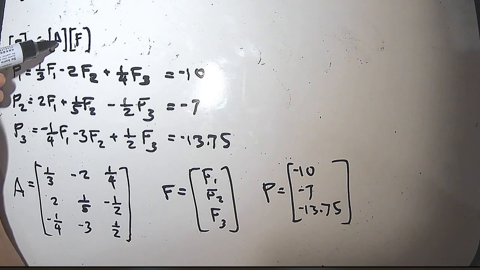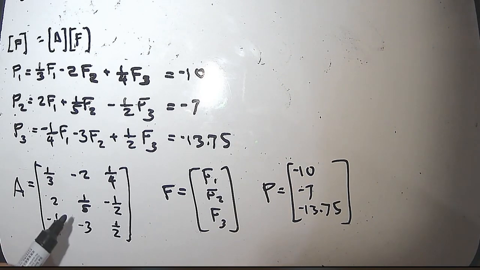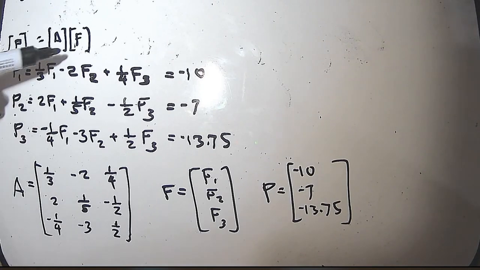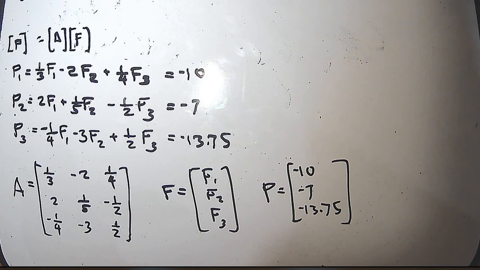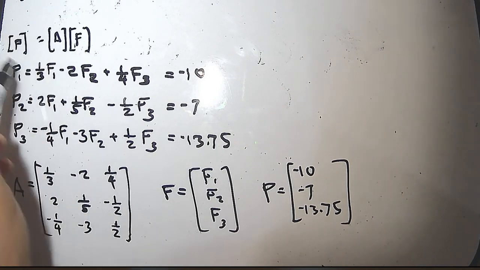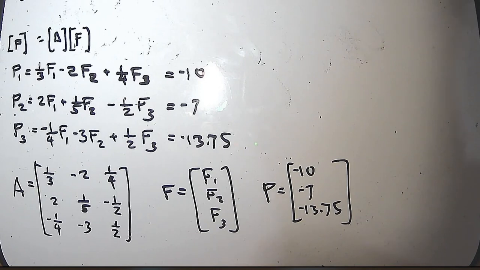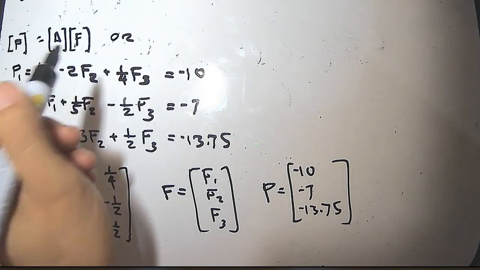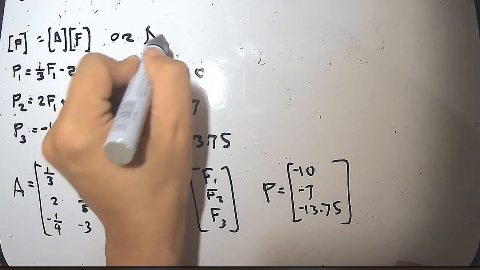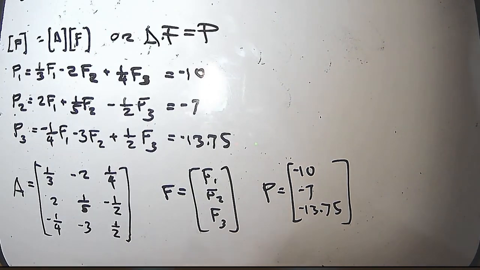Tapos, yung A matrix, ito yung constants or coefficients. Tapos, yung F matrix, that pertains to your F1, F2, F3. So, ito yung linear system equation mo. Or, you can say that A multiplied by F is equal to your P. Okay?